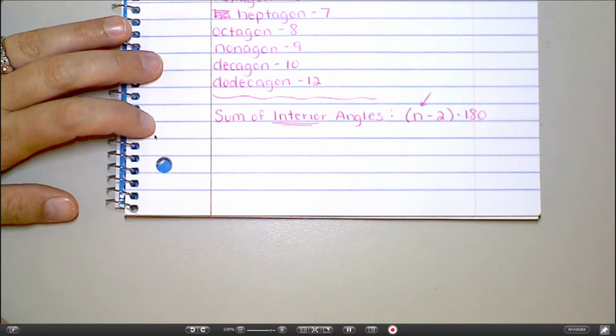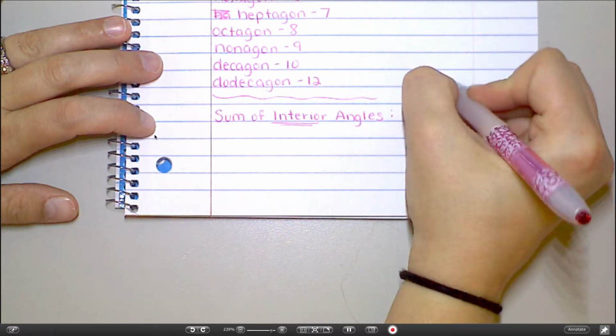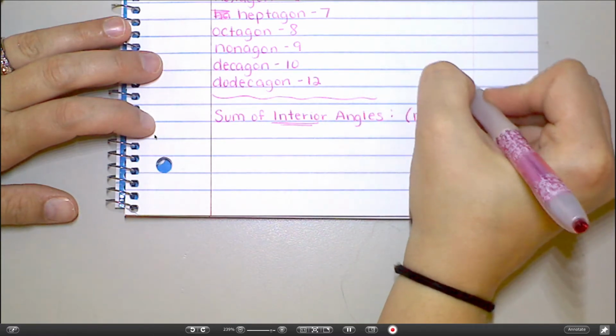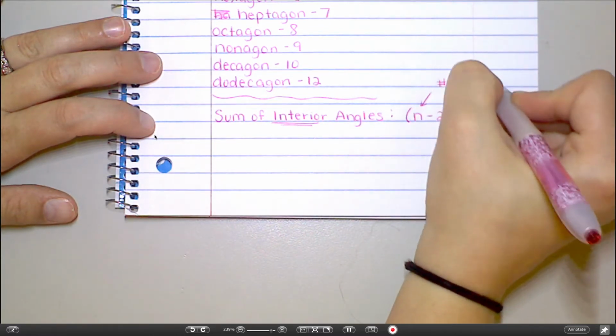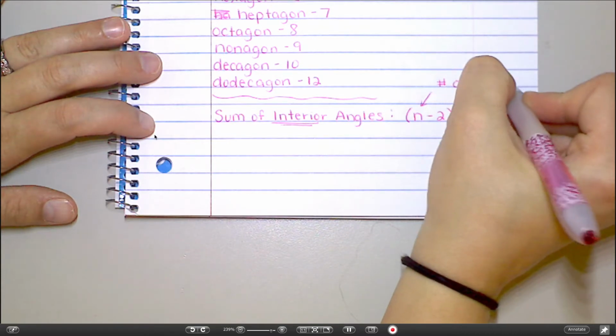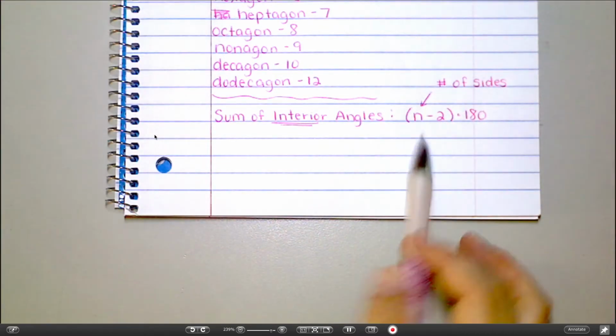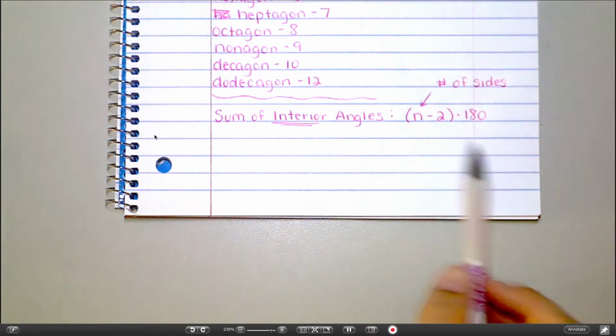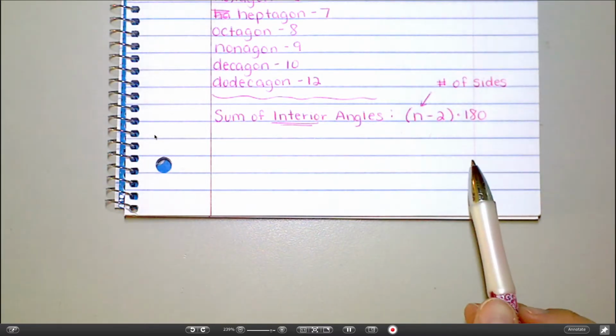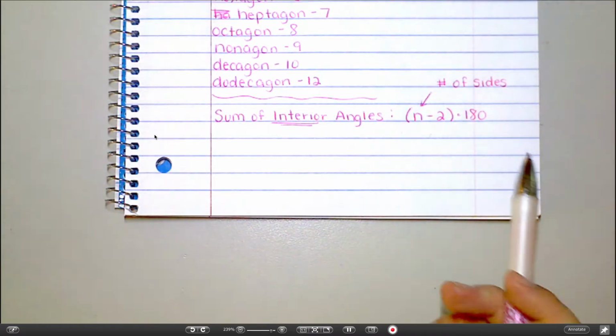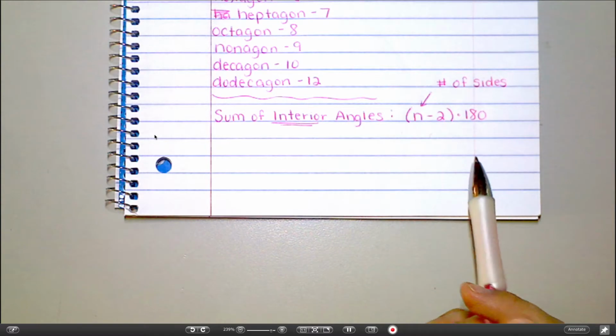The number of all the sides. Okay, so the number of sides, yep. So if I say what is the sum of the interior angles, you take the number of sides, subtract 2, multiply by 180.